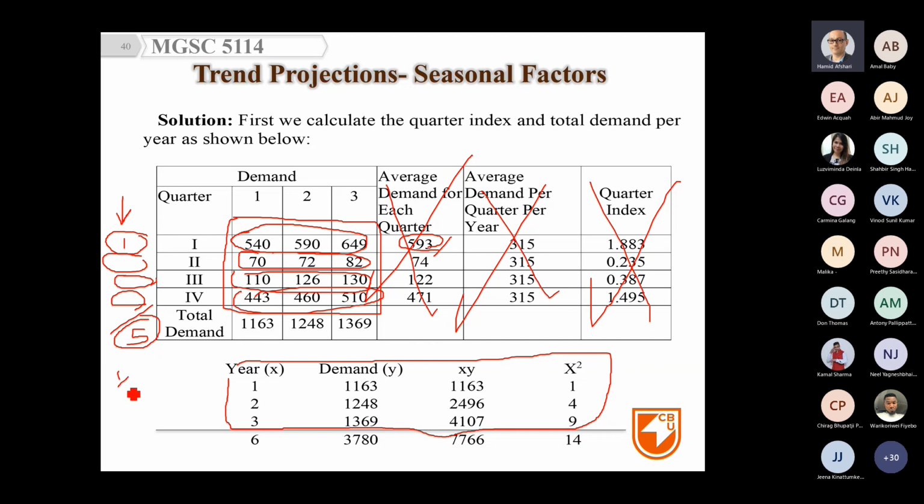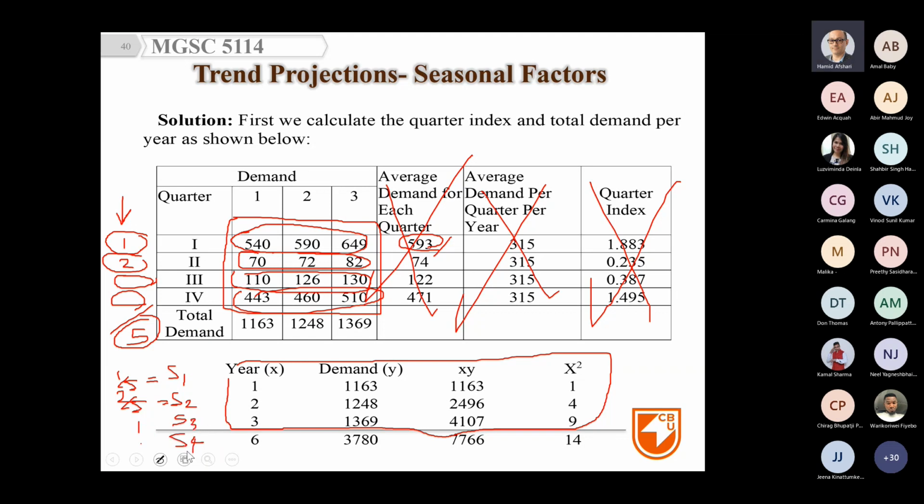So 1 divided by 5 is going to give you the seasonal factor for the first season. 2, which is this number, divided by 5 is going to give you the seasonal factor for the second season, up to the very last one. So this way you're able to find the seasonal factors for 4 seasons.